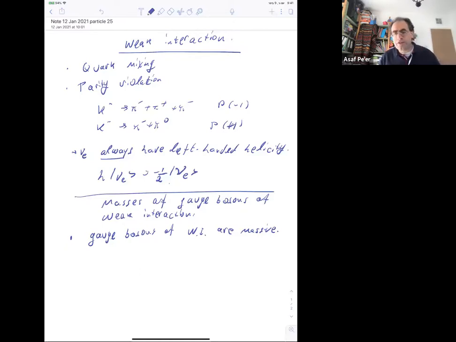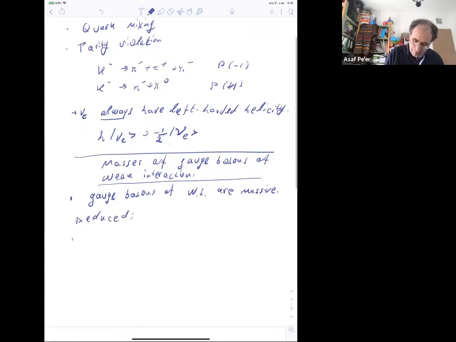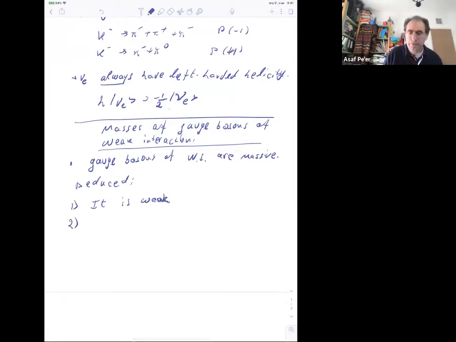It was deduced essentially from two facts about the weak interaction. The two facts are, one, it is weak. And two, it only operates at short distances.